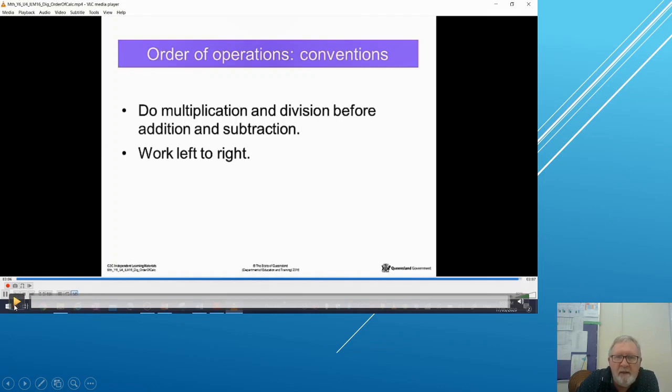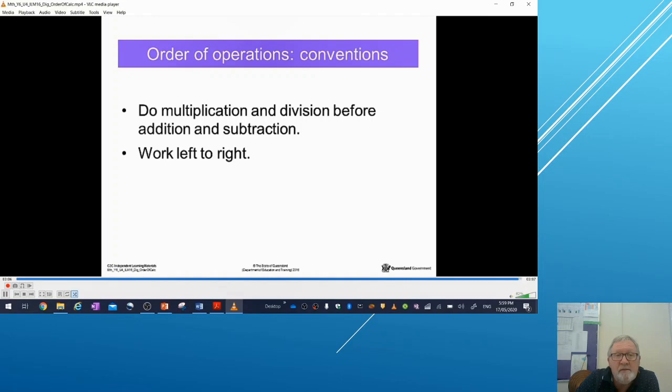That's very important to be able to do. You must remember those conventions. You must remember that addition and subtraction is after multiplication and division. And generally speaking, if it's not the same or if there's a repeat of those, you work from left to right. Tuck that away, remember it.